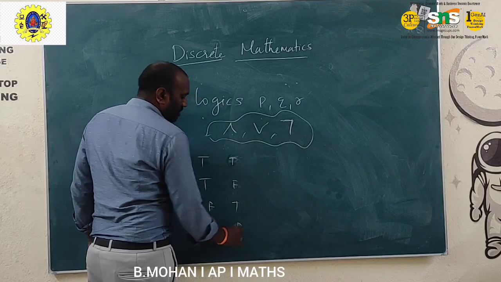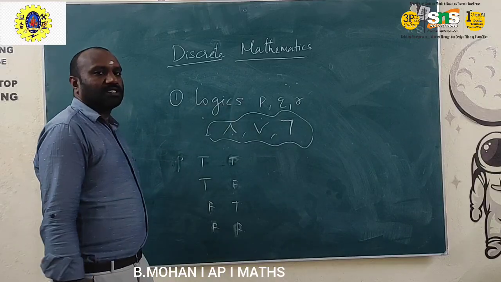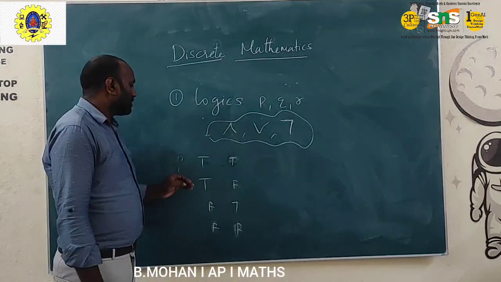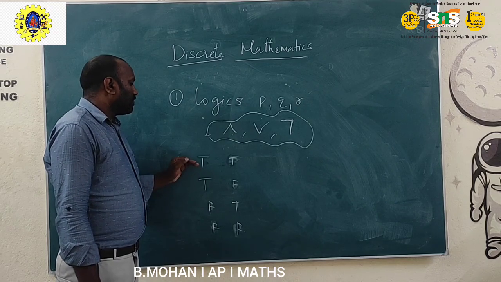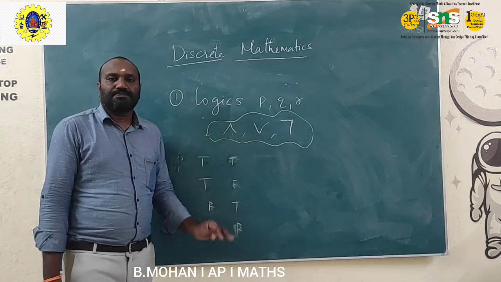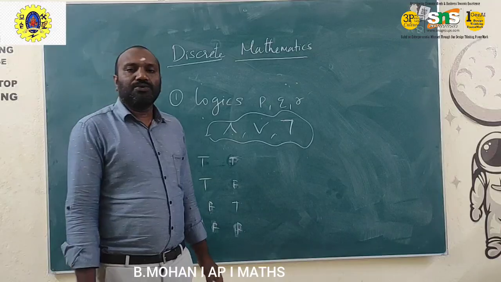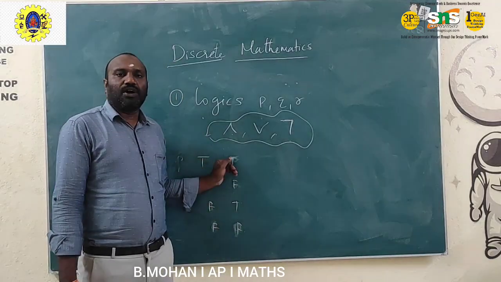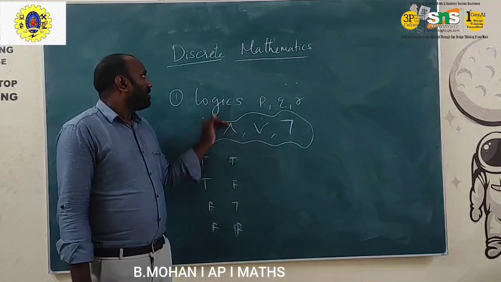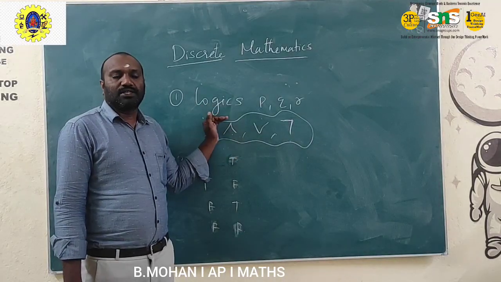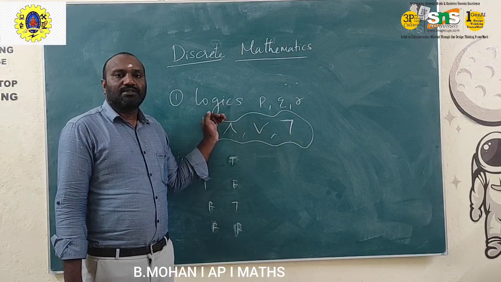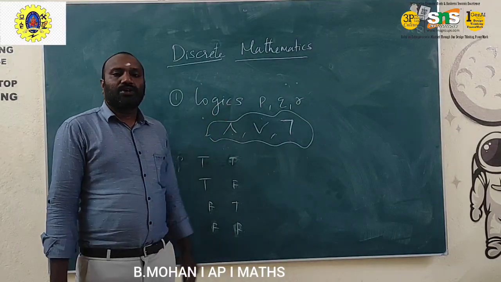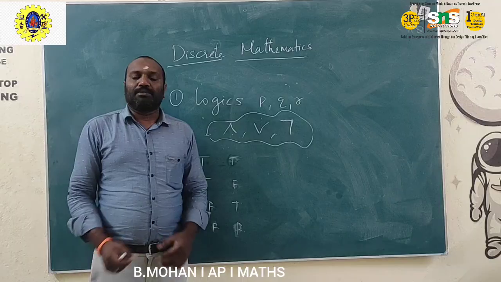So in mathematical logic we use a table of true and false. We have to create logics of true and false. That will be mathematical logic, and these basics are learned under the topic of discrete mathematics.